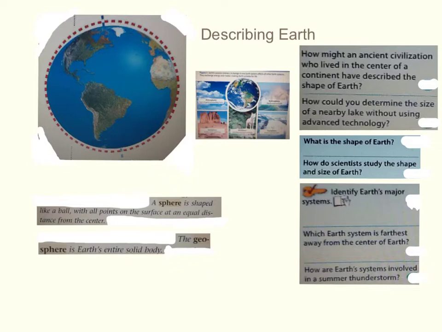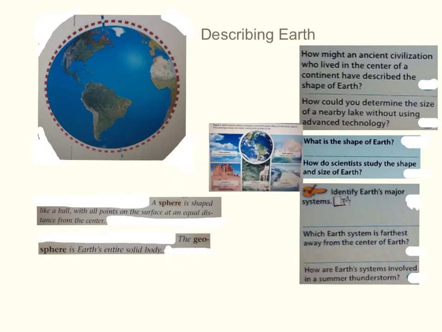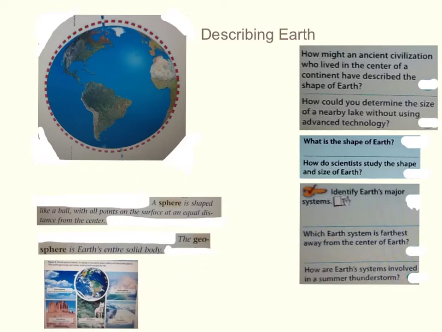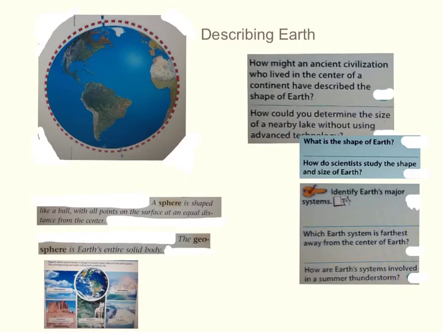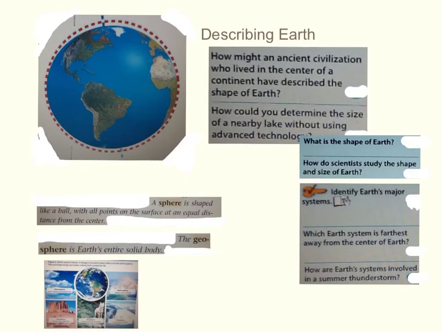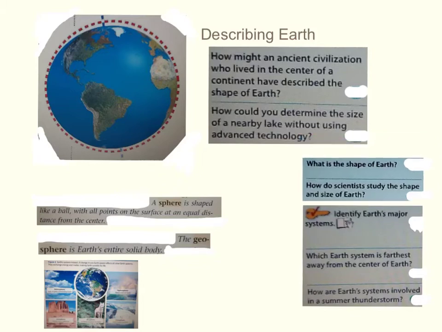So the question I want you to answer is this one, or these 2. Hold on just a second. These 2 questions here. How might an ancient civilization who lived in the center of a continent have described the shape of Earth? To the best of your ability, please write that down and answer the question.